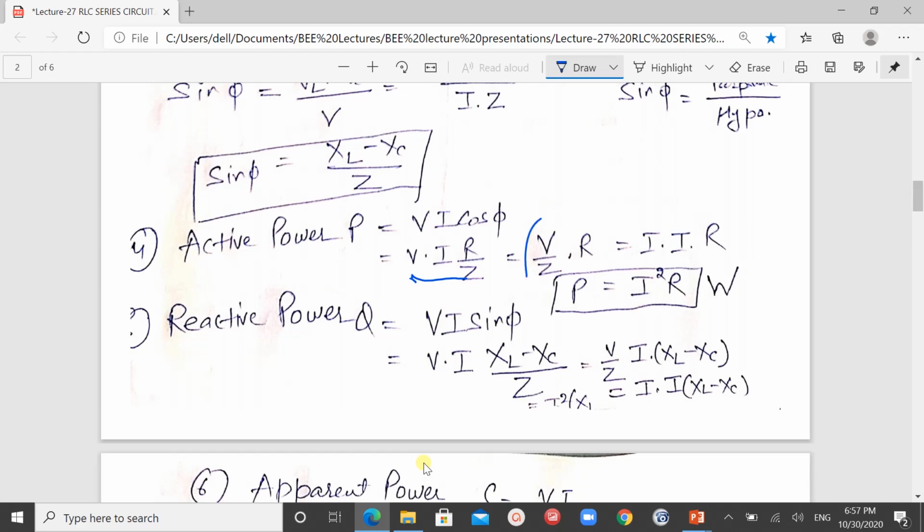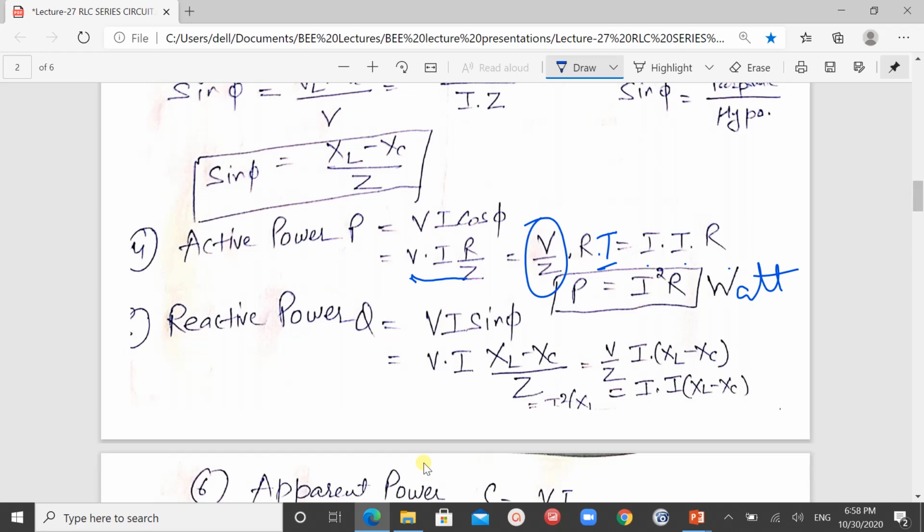It will become V upon Z into R. V upon Z is I. So I into, here we are having one I into R. So it will become P is equals to I square R watts. The units are in watts.